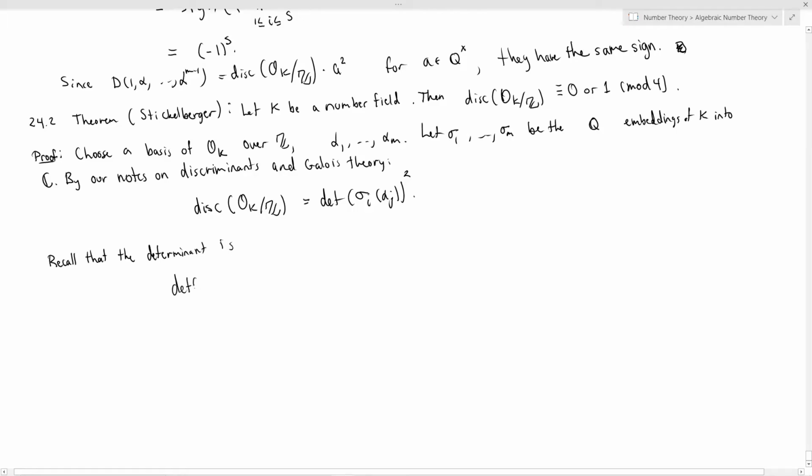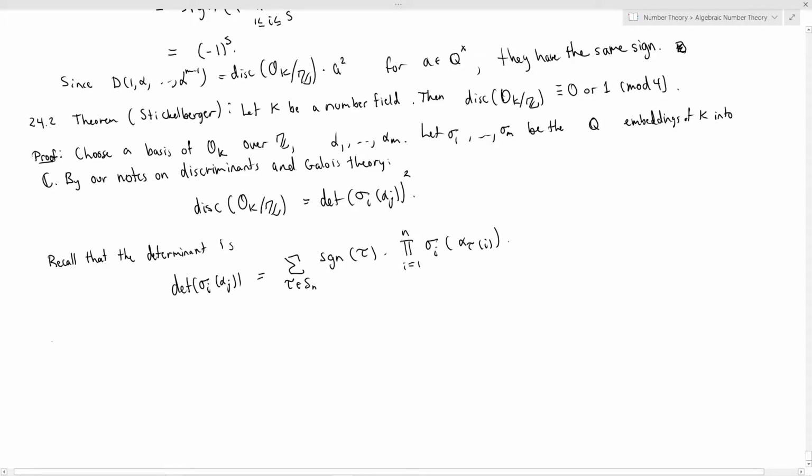It can be written as a sum over permutations tau in the nth symmetric group of the sign of the permutation tau times the product from i equals 1 to n of sigma_i alpha_tau(i).